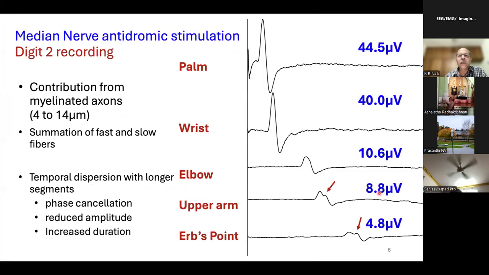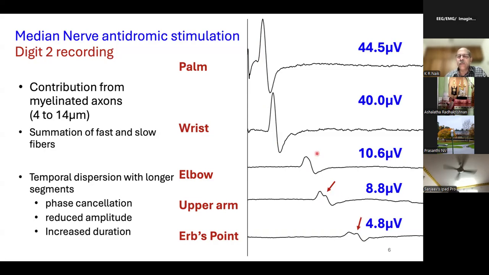That's number one. But when you go to sensory nerve conductions, here we have the players from the fast conducting fibers and slow conducting fibers, even up to 4 microns in diameter. Because of that, there's going to be a lot of temporal dispersion. As you see, this is the recording from digit 2, and when you stimulate at the palm, wrist, and go proximally, you see a marked reduction in the amplitude.